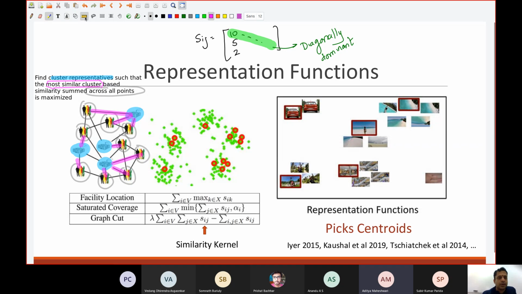That's exactly what max is doing for you. Max over k in X of S_ik is just finding those pink edges. It is a sparse set, because you're not picking all the edges, right? Is this clear? So this is facility location.